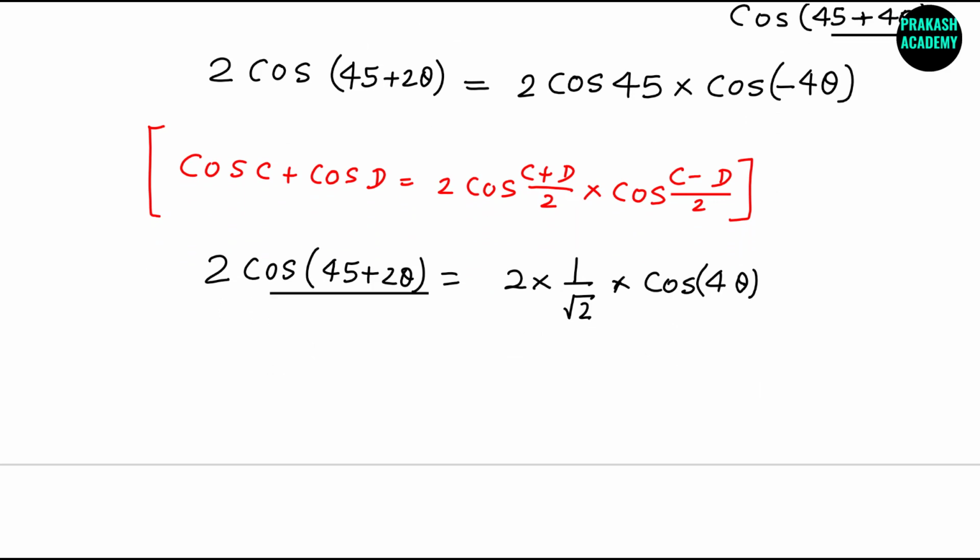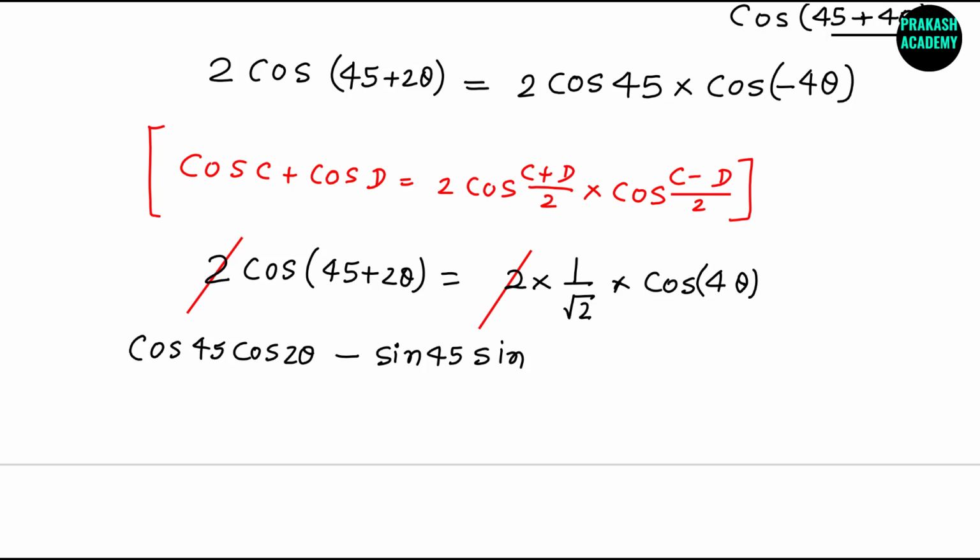Now I can expand this term. That is cos (A plus B) equals cos A cos B. So this 2 also gets cancelled out. So we will have cos A cos B, so cos A is 45, cos B, and minus sin A sin B. So sin 45 and sin B, B is 2 theta, equals 1 by root 2 cos 4 theta.